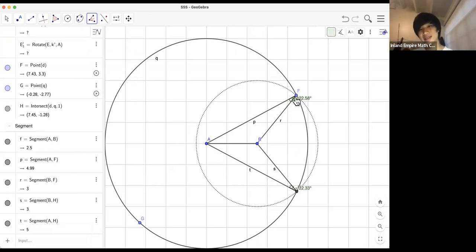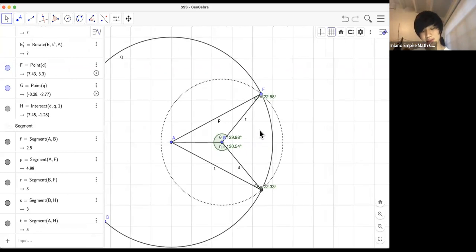Basically, there is a little bit of error in my placement, but they will generally be the same exact angle. I think I might have not put it exactly on the spot, but that's the idea.